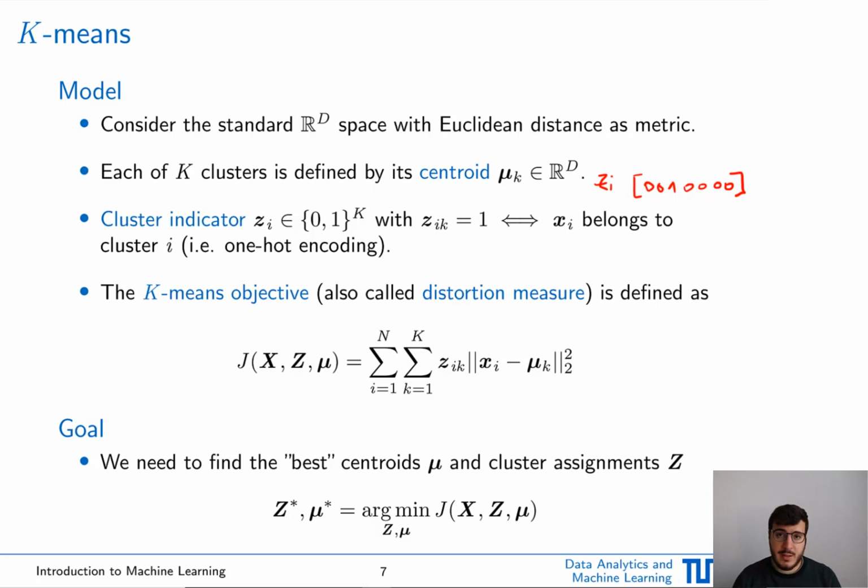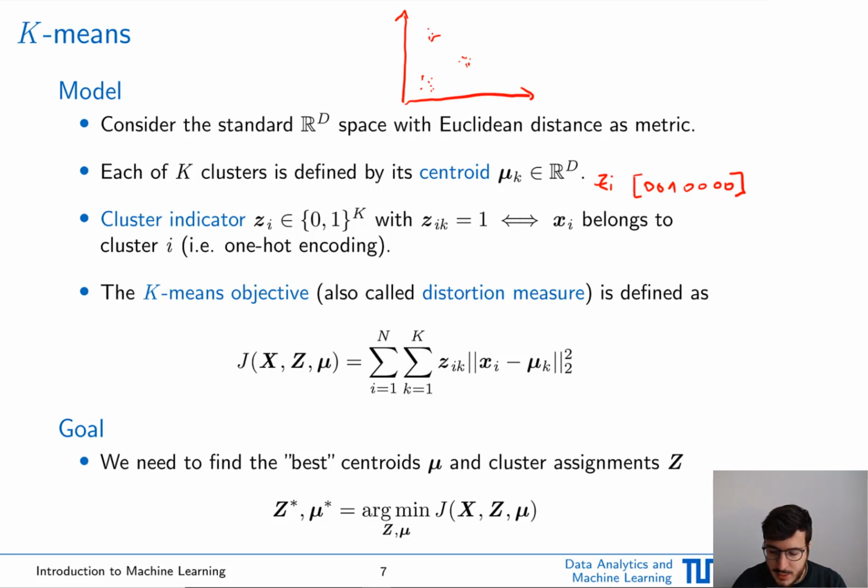In order to better understand what this objective function looks like, we're going to look at a particular example. For the moment, imagine that we have some 2D data set, and that we have somehow randomly initialized the different cluster indicators and the different centroids. Let's say we've initialized these data points to belong to the red cluster.